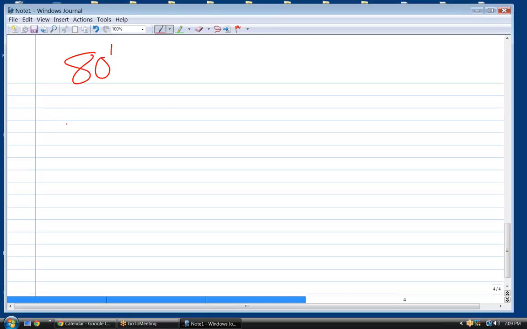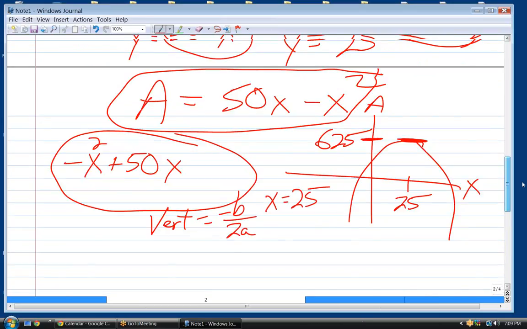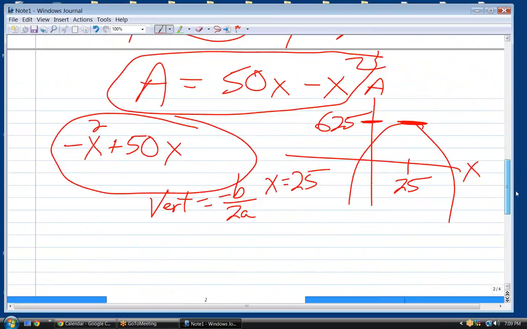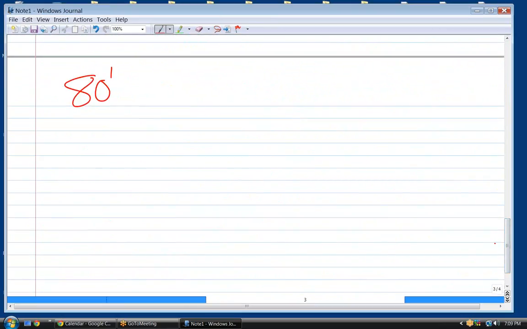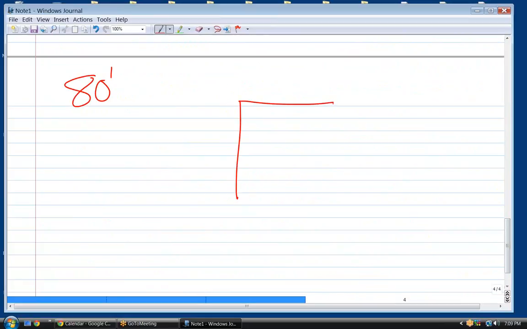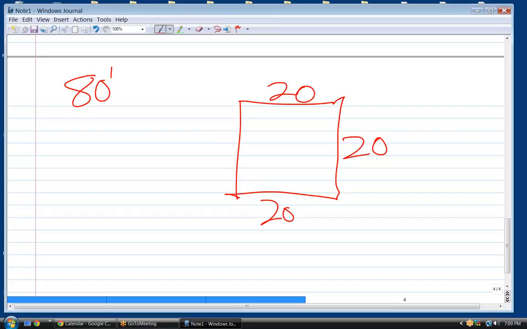Did I miss something? It's identical, only with the number 80 instead of 100? Basically. Yeah. So, what we just figured out, we don't even have to do the math. We know that a square is going to be the maximum area with an 80-foot perimeter.